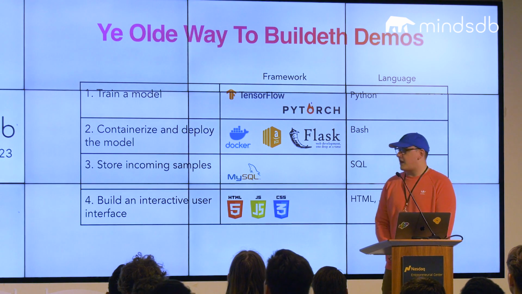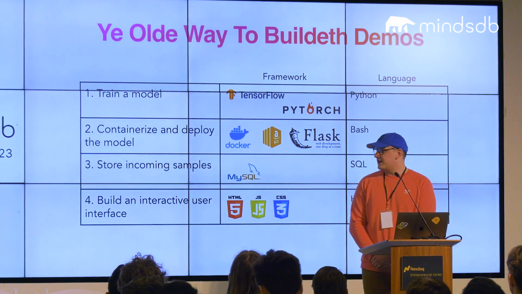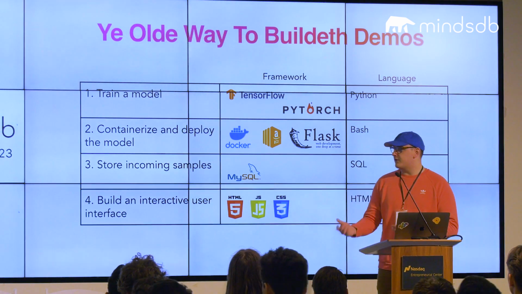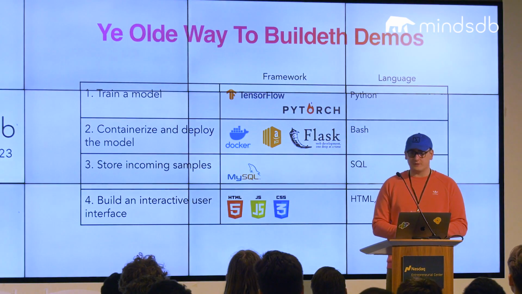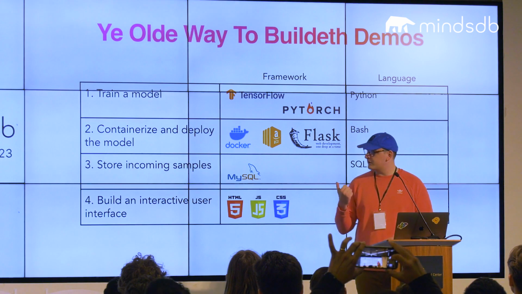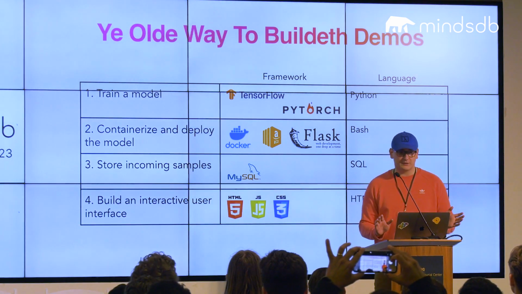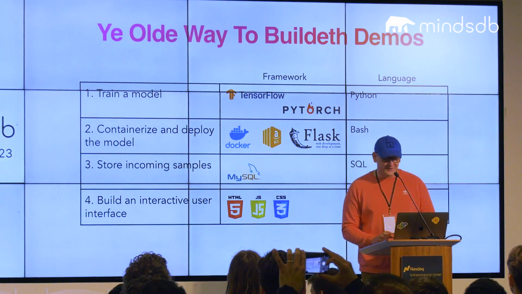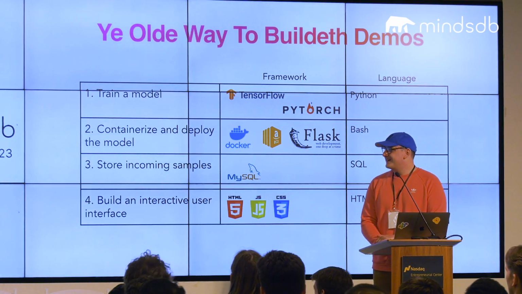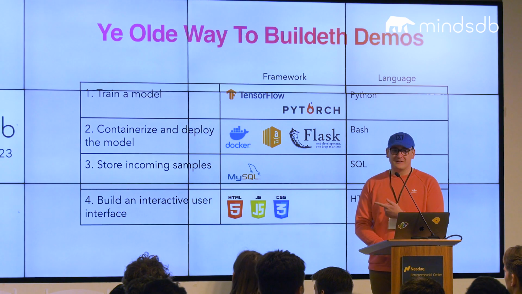You need to maybe have a database, maybe through MySQL, and then you'd have to build this interactive user interface with a good UI UX with HTML, JavaScript, and CSS. And so by the time you're done learning all those things, your model's completely obsolete, because we know that these models are good for a week and then there's a better one out next week, right? So this is too slow, right?